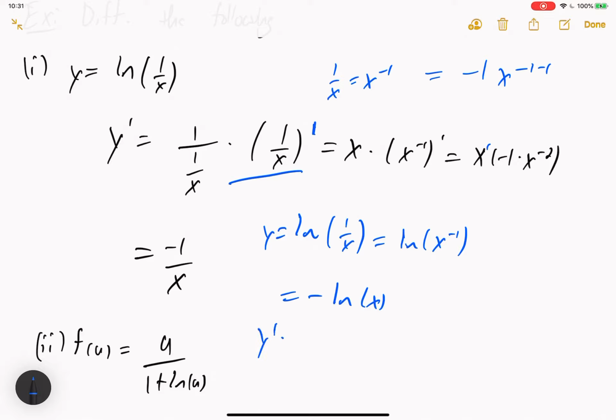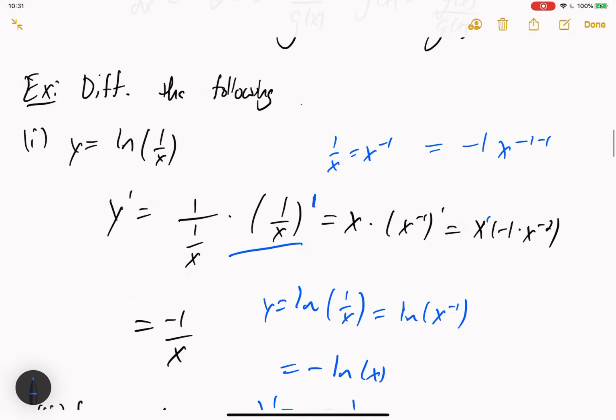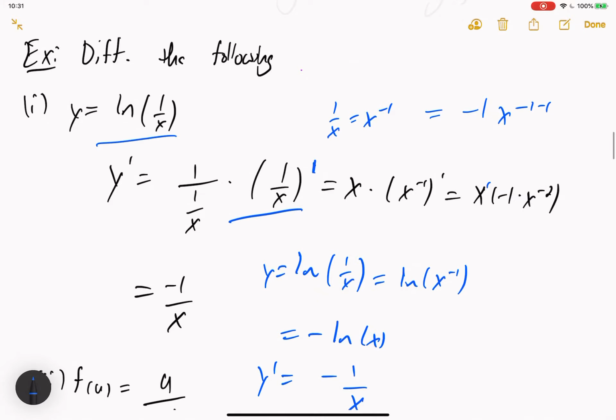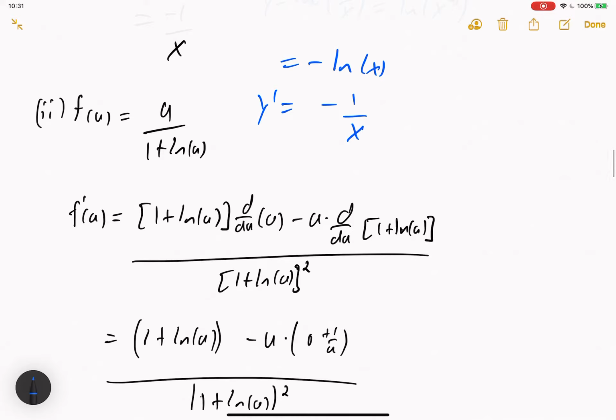Whenever we find y prime, we just take the negative, and the derivative of ln of x is 1 over x. So y prime is equal to negative 1 over x. That's just one way we can do the problem. There are many different ways. If you do it this way versus the way I just did it, that's okay, as long as you're correct and every step you do is valid, then you're fine.